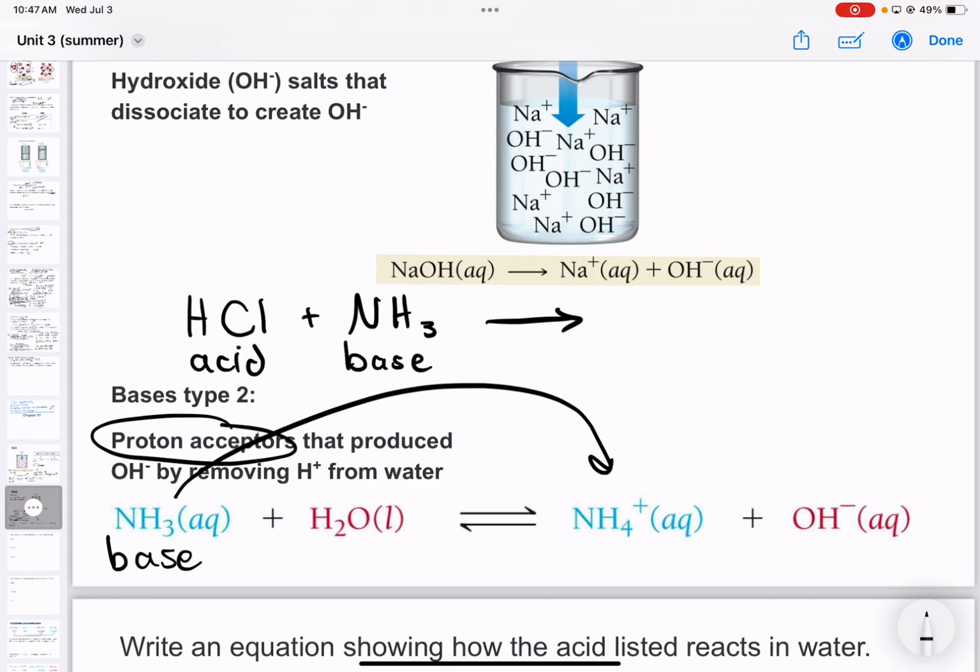So HCl, this H here, is going to be given to that NH3. It's an acid, it gives up the H. NH3 is a base, it takes the H. Okay, those are the two key points you always remember. Acids give up that H+, bases take that H+.